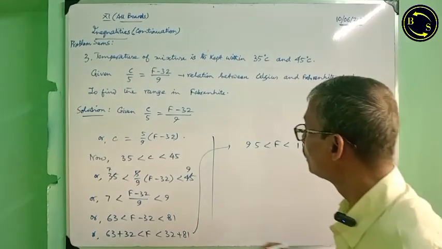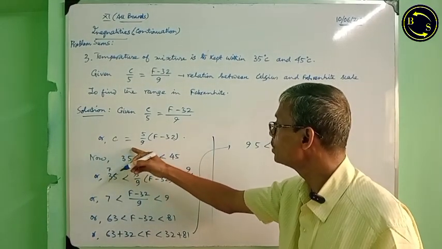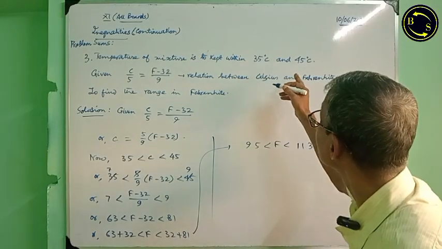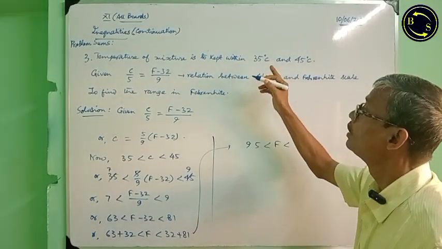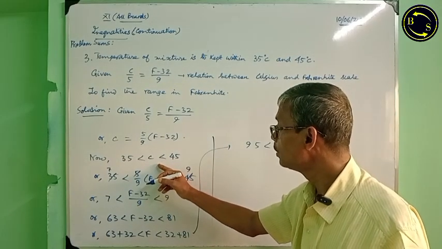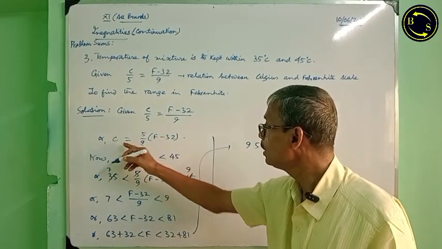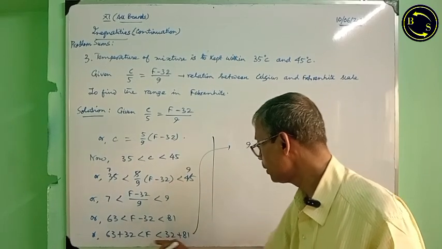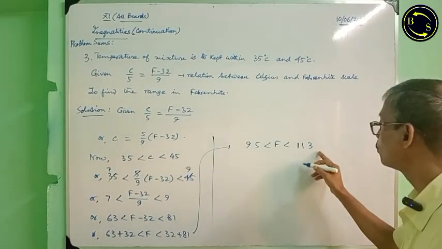First of all, we have expressed C in terms of F, then the range in Celsius, the temperature of the mixture in Celsius, is given by this one. Then we have replaced C by this expression and simplified and got at last this one.